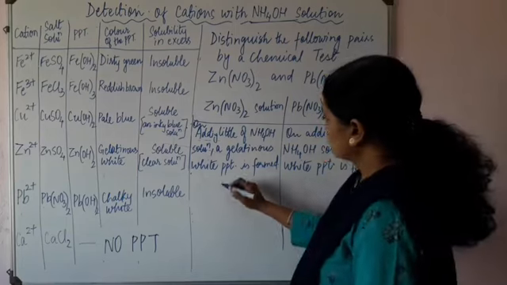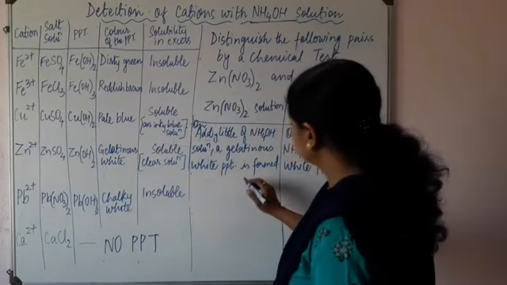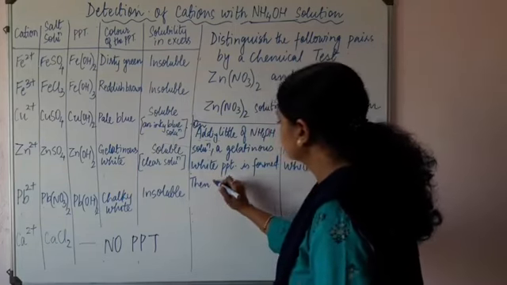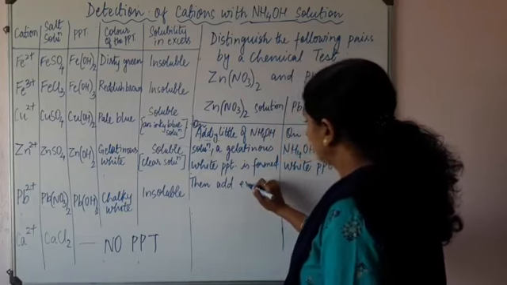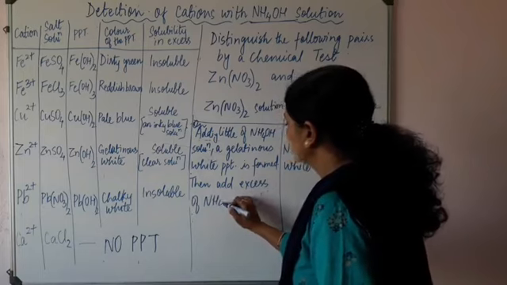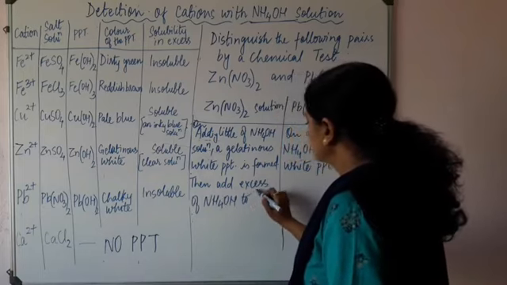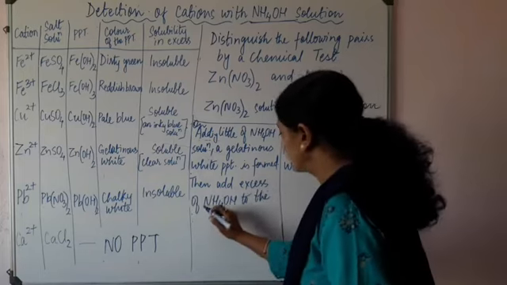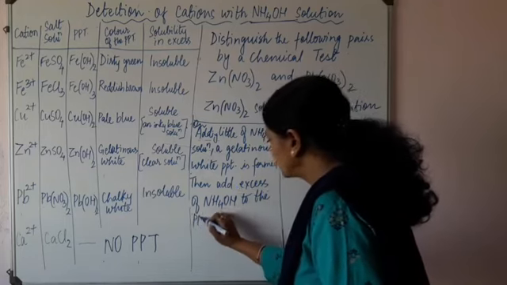So we will say, then further add excess of NH4OH solution to the precipitate.